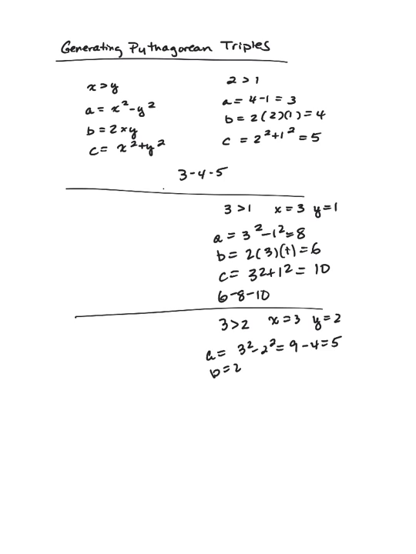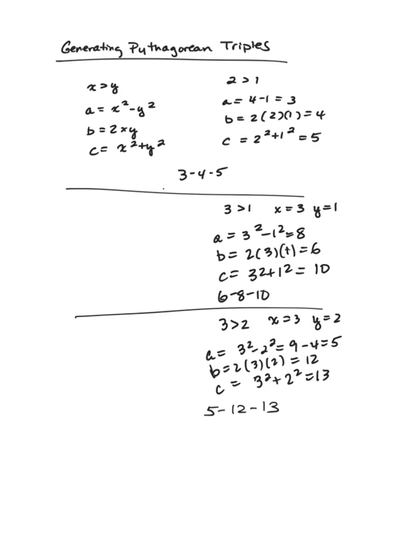B is equal to 2 times x times y, 12. C is equal to x squared plus y squared, 13. 5, 12, 13. That's a triple.